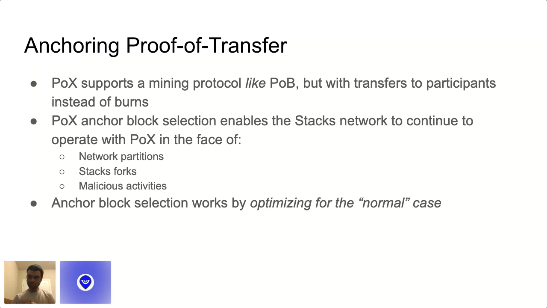So if Bitcoin fees rise significantly, you're going to spend more and more of a fraction of your mining commitment paying fees for a Bitcoin miner.